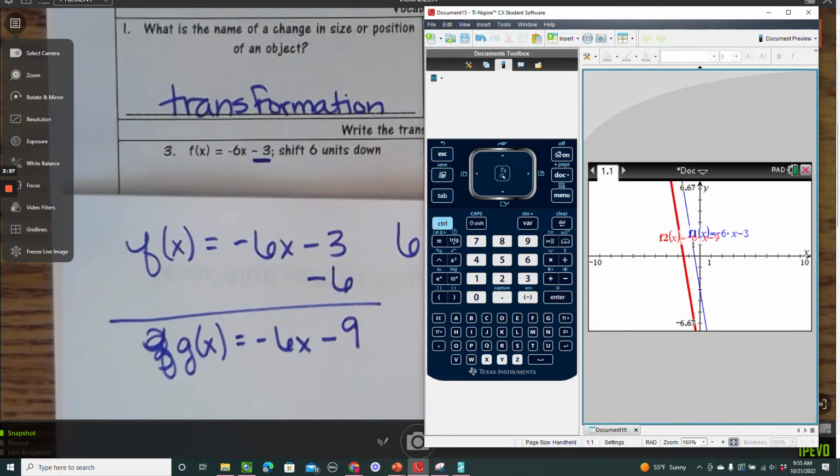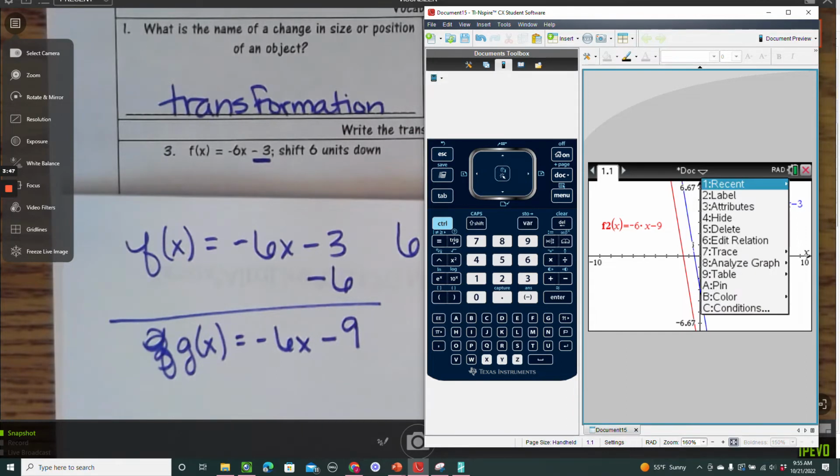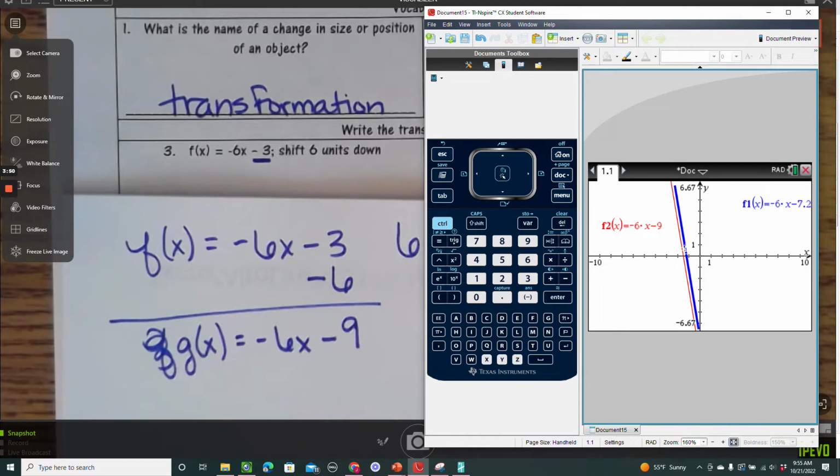And there's my two functions that I graphed. So when it says move it down, I took this function, and if I move it down, I don't know if I can grab it and drag it now. But if I move it down, it'll eventually line up with that one.